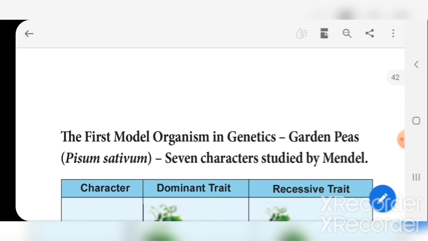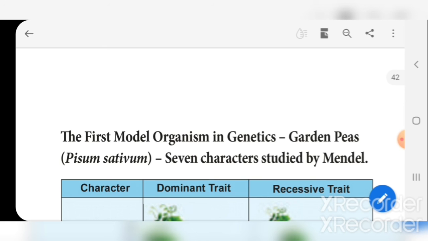And what is the reason for the white color flower in pea plant, and what are the terminology related to Mendelism and Mendelian inheritance, Mendel's laws of heredity, that means the law of dominance and the law of segregation.